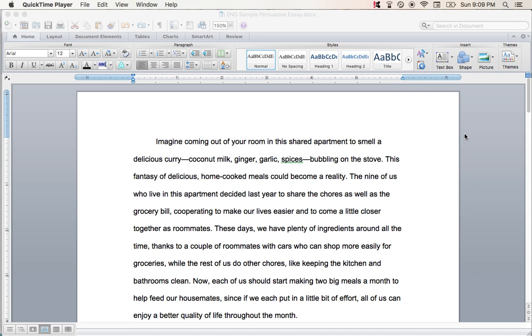Alright, so what we're going to start with is just reviewing the structure of the first 3 paragraphs of this 5-paragraph persuasive essay. Now, you've all been working on an outline of the first 3 paragraphs already, so I think you understand this, but it's good to review just to make sure we're all on the same page.